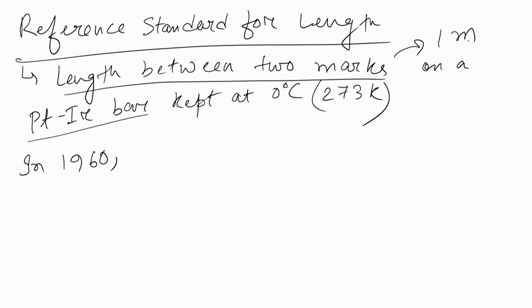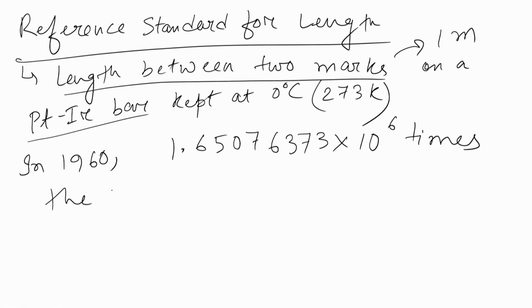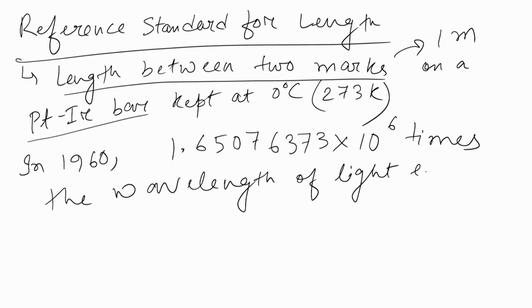Now, in 1960, the definition of 1 meter was changed and it was defined as 1.65076373 into 10 to the power 6 times the wavelength of light emitted by a krypton laser.